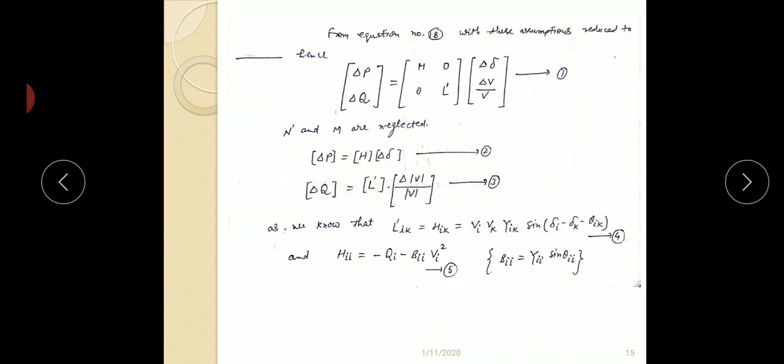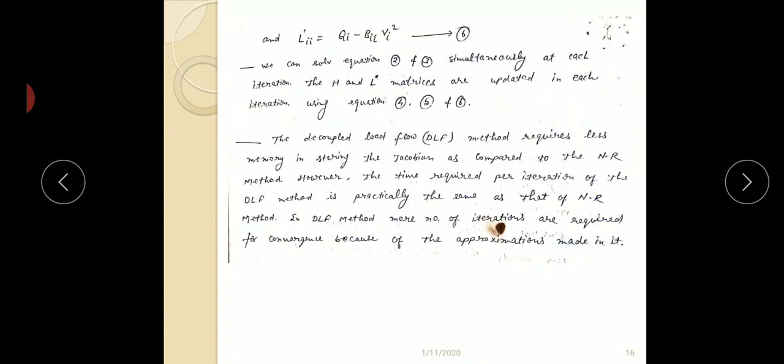As we know Lik, Hii, from the previous relations you can easily find, and Lii. So we can solve equations 2 and 3 simultaneously at each iteration. H and L matrices are updated in each iteration using these equations.